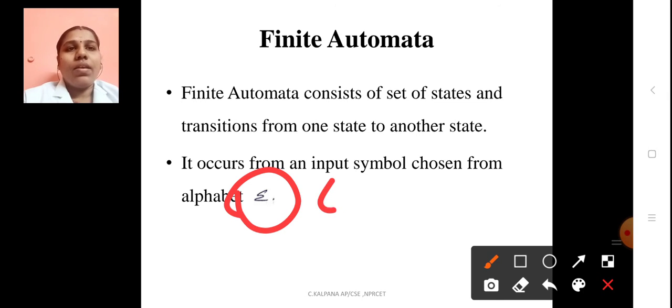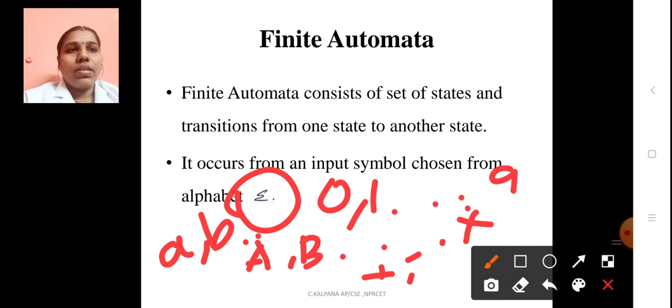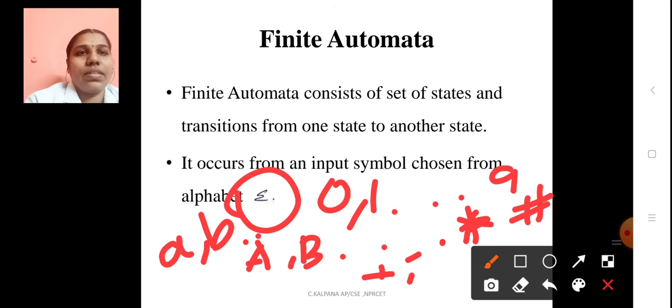It may be numbers 0, 1 up to 9, or it may be uppercase letters, or it may be lowercase letters, or it may be any special characters, that is plus, minus, star, hash, at symbol, anything like that.